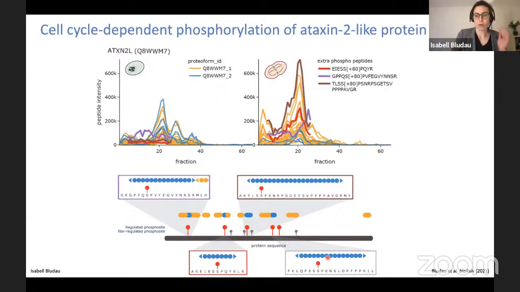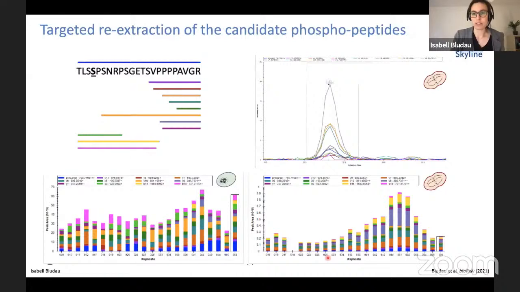So now we were wondering if we go back into Skyline, if we could actually extract these phosphopeptides if we look for them. So here, I just show one of the phosphopeptide examples. We did a targeted extraction, and we were super happy to see that we could actually detect a very nice signal for this phosphopeptide in our data.